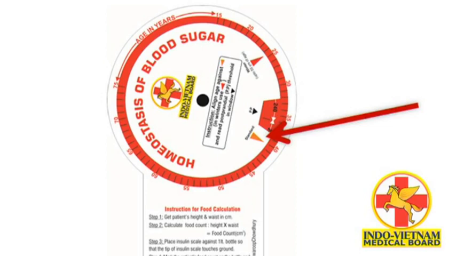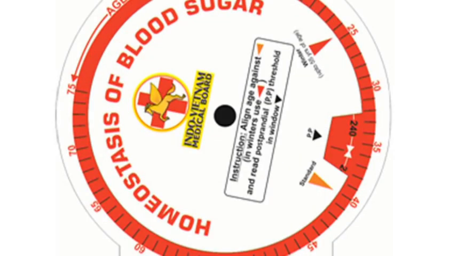As you do that, in the window of the smaller white wheel you'll find a black triangle, a PP, postprandial triangle. You'll find it is pointing towards 240. This means a patient whose age is 40 years, his postprandial blood sugar should be less than 240.